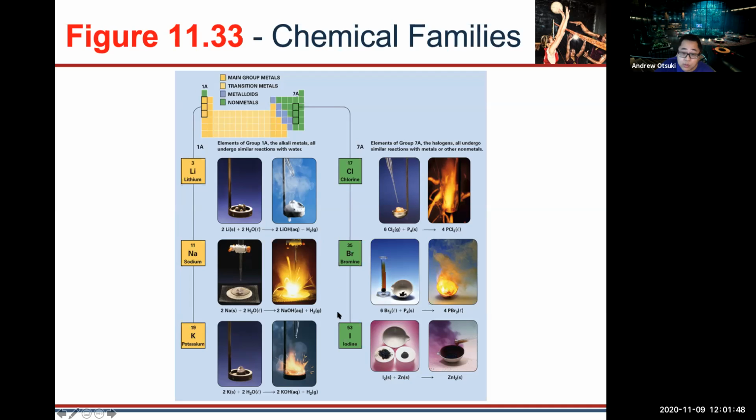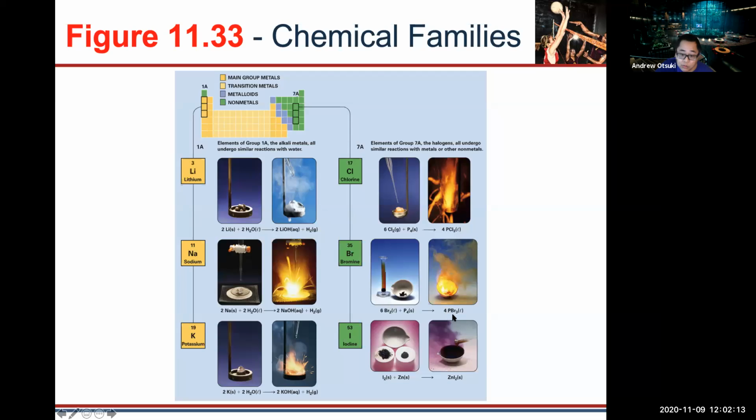There's also this one, called the halogens. They have similar properties when they react with other metals or non-metals. For example, when they react with phosphorus, they produce this burning reaction, forming flammable phosphorus trichloride.